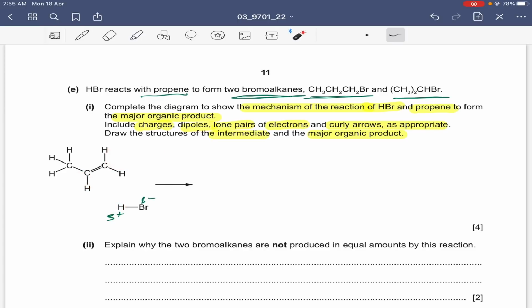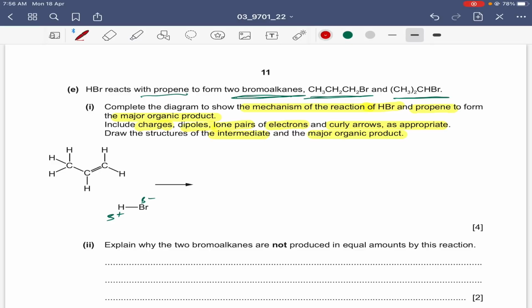So the major product is from the secondary carbocation. Just remember, secondary is more stable than primary, and tertiary is more stable than secondary, but here we only have secondary or primary. So the major product is the one forming from the secondary carbocation. That means H would be attached to this carbon, right? From where we get the secondary carbocation.